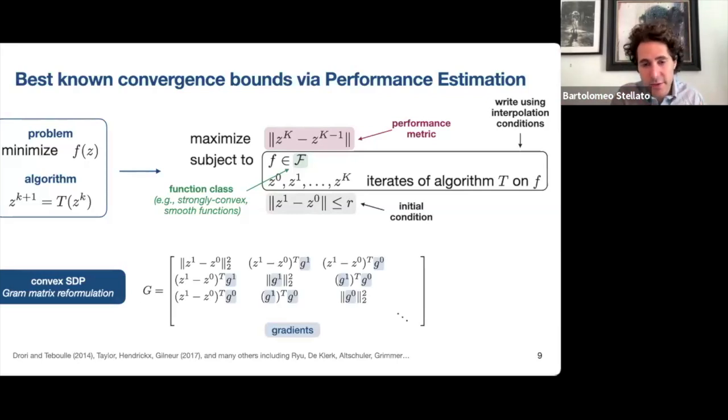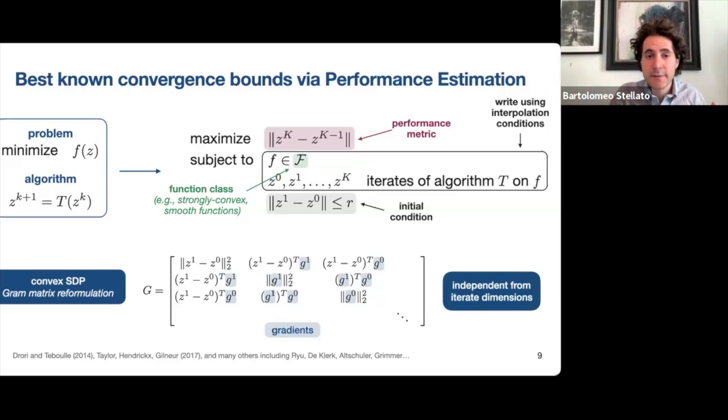So there's lots of literature on this. The nice thing is that this SDP is independent from the iterate dimensions. And it's just a convex problem that gives you tight bounds, and it has been used to study lots of these schemes lately.